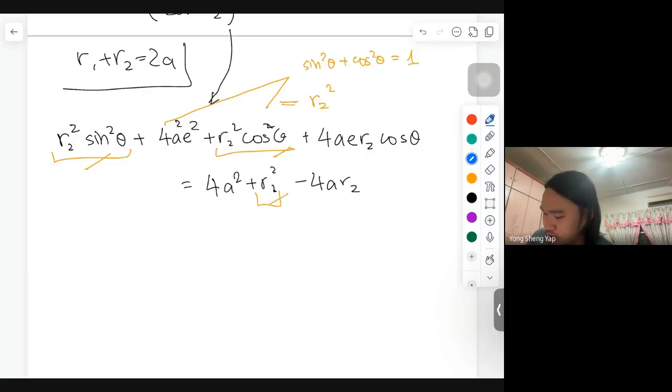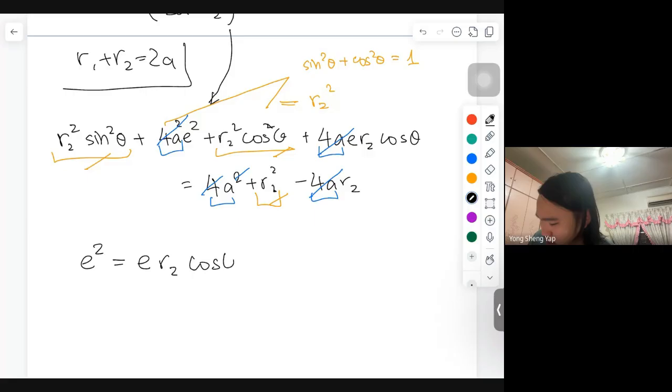Everything left has a 4a, so there's a 4a over here, so it cancels. What we're left with is e squared plus e R2 cosine of theta equals a minus R2.